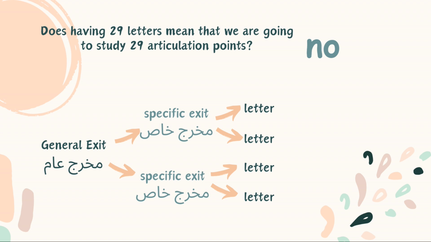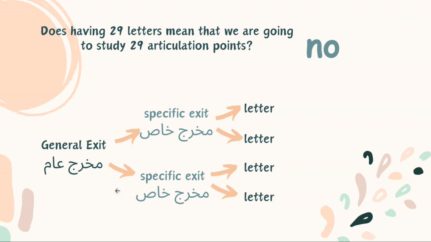Okay? So, for example, the tongue is a whole general exit, but the tongue is divided into different parts, which are called specific exits. Each specific exit might have a letter pronounced from it, might have two, might have three letters exiting from this specific exit.